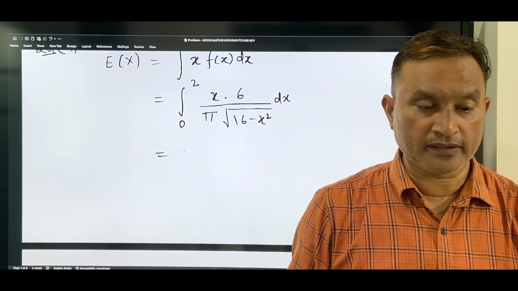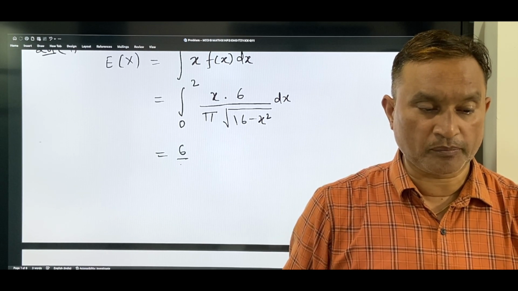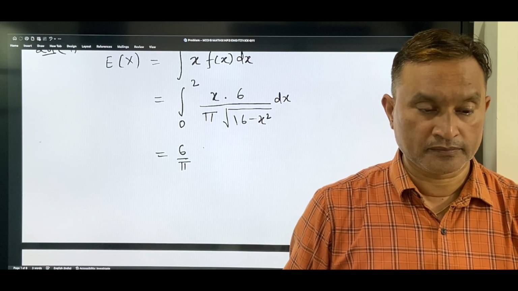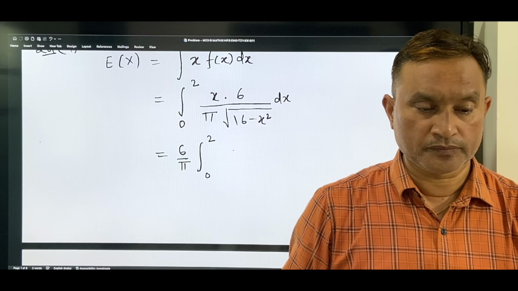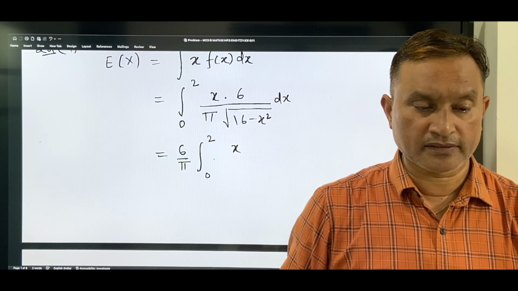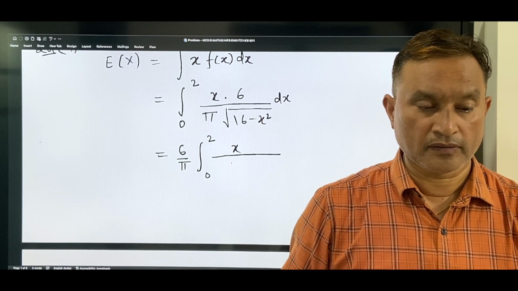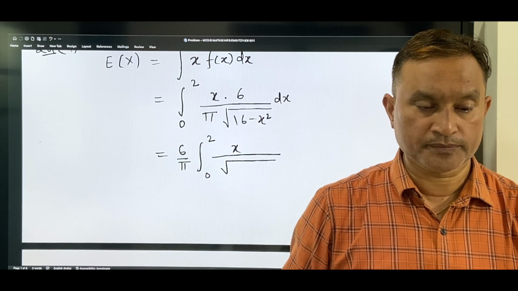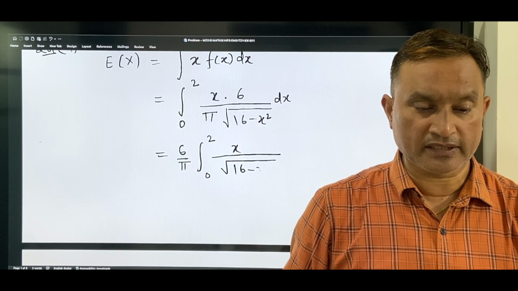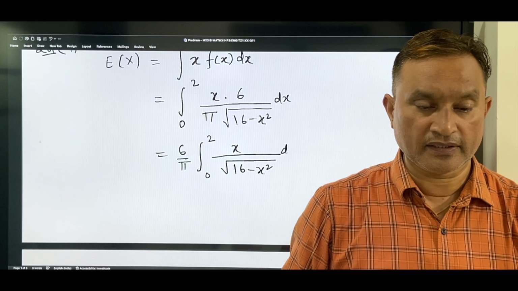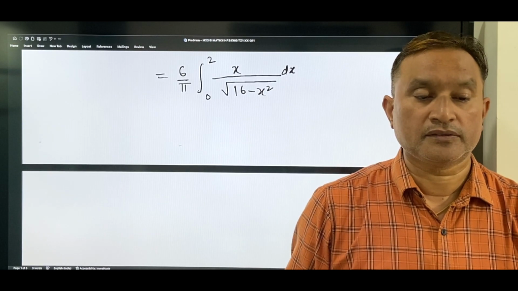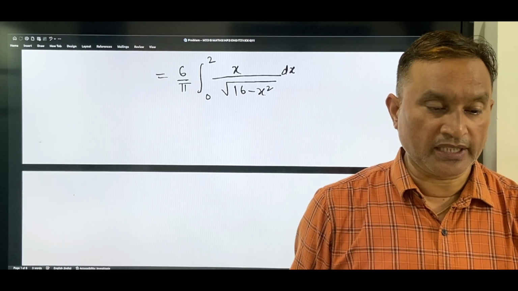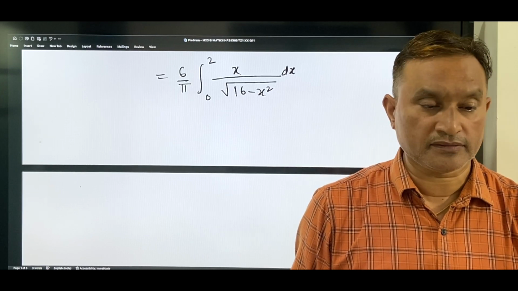We can write here 6 upon pi integral from 0 to 2 of x upon square root 16 minus x square dx. Now we will integrate by using the method of substitution.